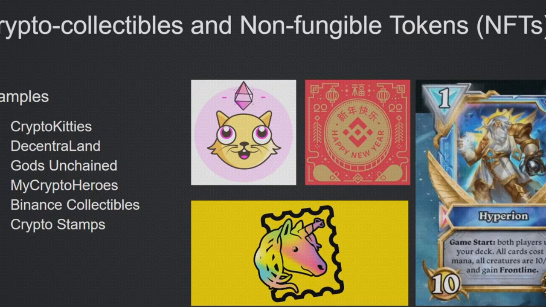So, okay, what are some other projects? One is called Decentraland, and it actually launched a couple months ago. It's a decentralized virtual reality world where players can own and exchange pieces of virtual land and in-game items. Then there's a game called Gods Unchained, which is a collectible card game where the cards are issued as NFTs on the blockchain.